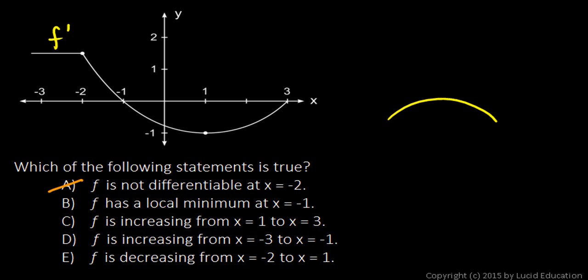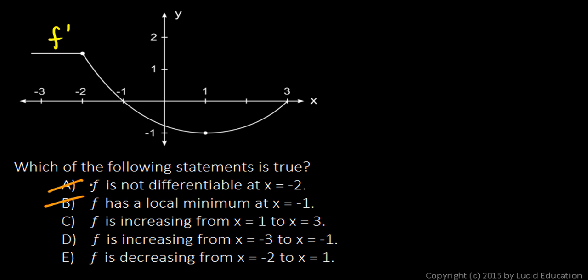It has a slope that is positive, and then 0, and then negative. So f actually has a local maximum at x equals negative 1, not a minimum. Or another way to say that is that a local minimum would occur when the derivative changes from negative to positive. And here the derivative is changing from positive to negative. So that's a local maximum.